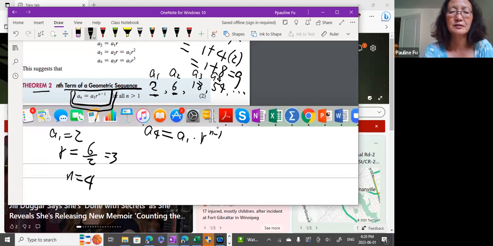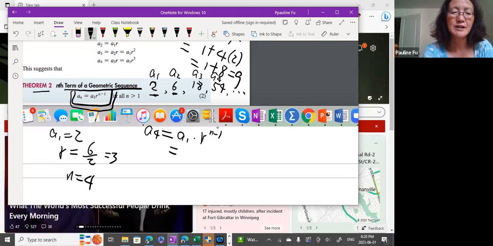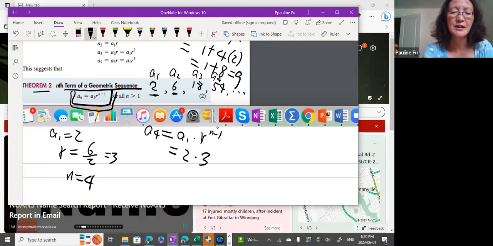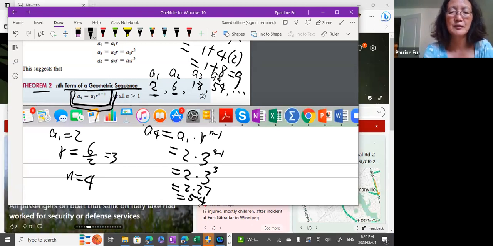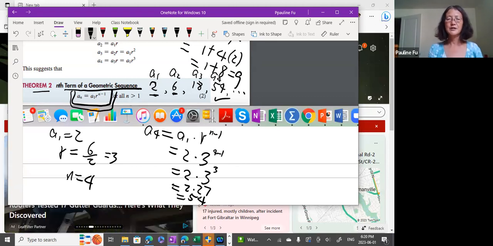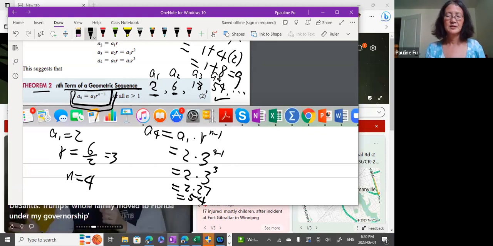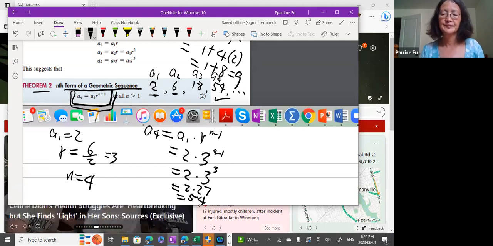N equals 4. So you plug in the given numbers. A1 is 2, R is 3, N is 4. 4 minus 1, so you get 2 times 3 raised to power 3. 2 times 27, you get 54. Bingo, you verified. A4 equals 54. Questions?